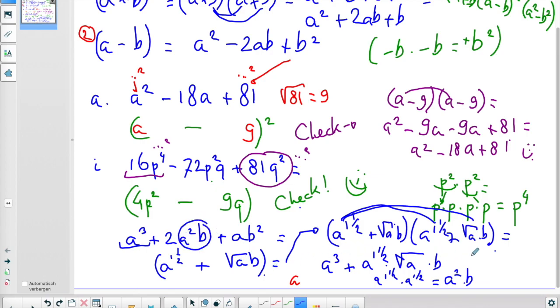And this one, the square root of a times b, squared. The square root of a squared is, oh, it's going to be small, a times b to the power of 2. So this is a complicated one.